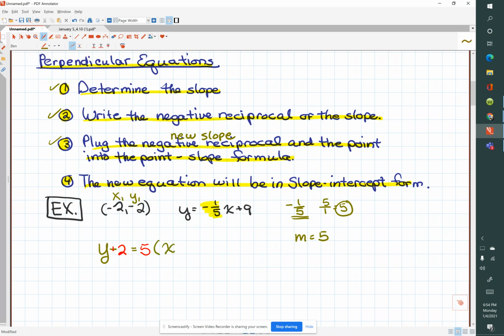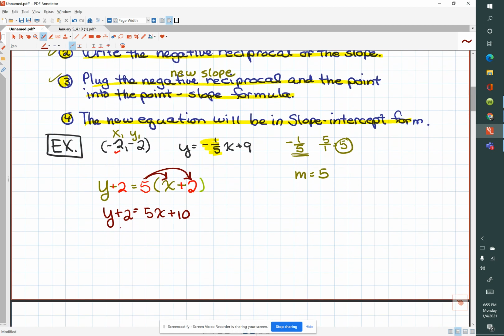So x minus x1, well, my x1 is a negative 2. So minus a negative is a positive. So that would be x plus 2. Now, the next thing I need to do is distribute. That will give me y plus 2 equals 5 times x is 5x, 5 times 2 is 10. They're both positive.